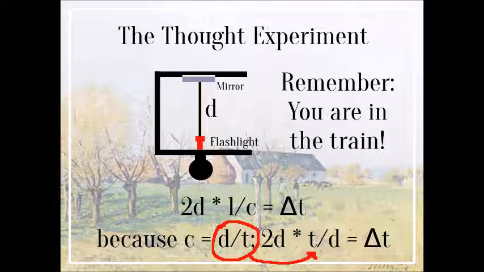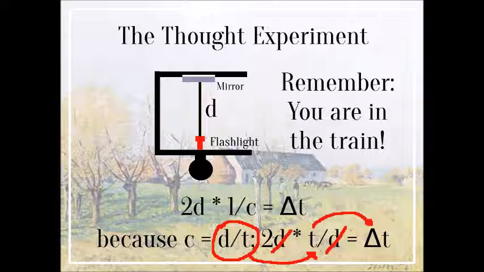We do that specifically so when we multiply by 2d, the d's cancel themselves out and we're just left with a time component. That way we can examine the time it took for the event to occur.